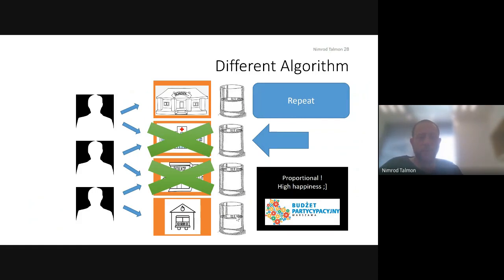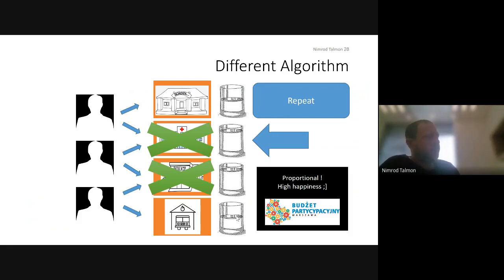So actually, we could prove that this algorithm really satisfies some variants of this proportionality axiom, as I showed before. And then we ran some experiments, because we got data from some elections in Poland, most of them from Warsaw, but also from other places.